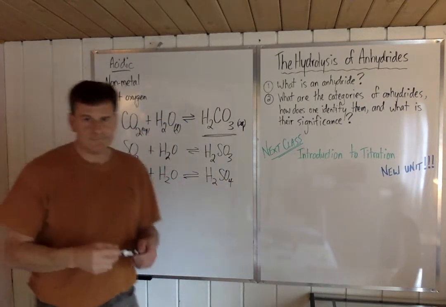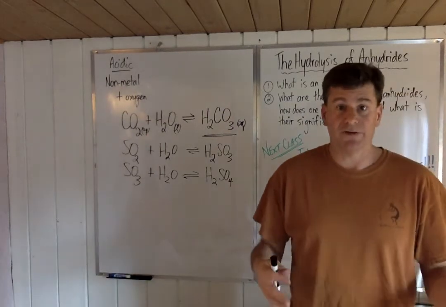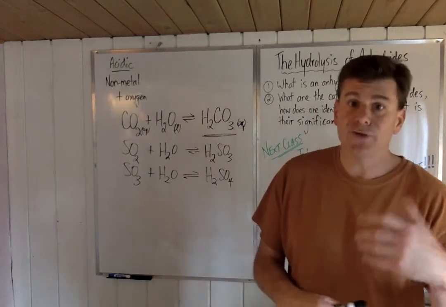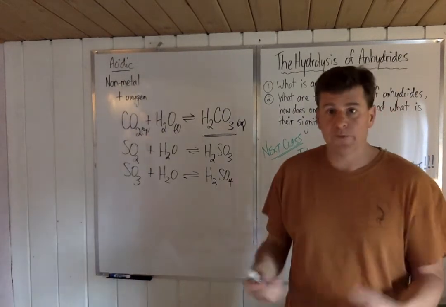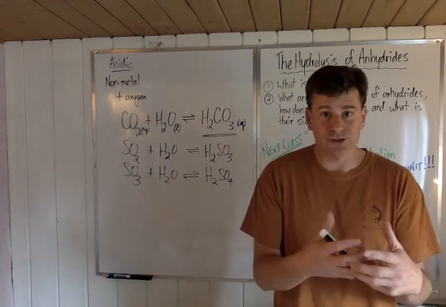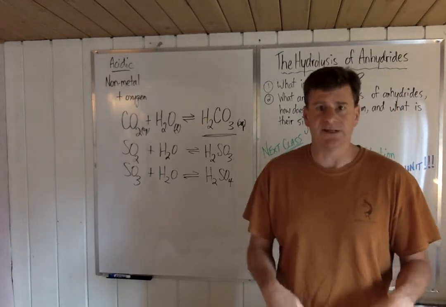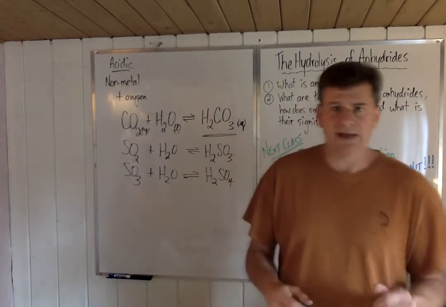H2SO4. And in particular, H2SO4, you should recognize as being one of our strong acids. So if you make H2SO4 through this process, if you have SO3 and you bubble it through water and you make it hydrolyze, you're going to form sulfuric acid. Well, sulfuric acid is one of the granddaddies of all acids.